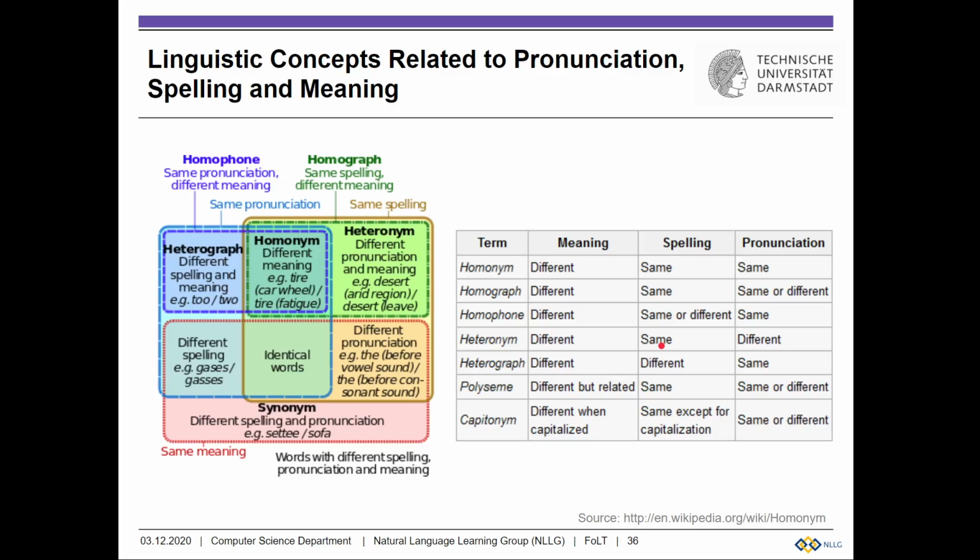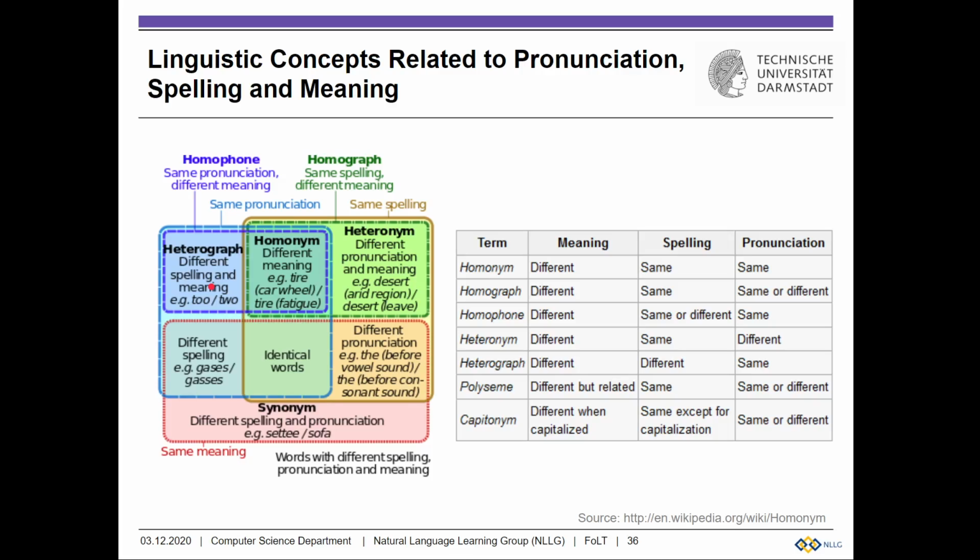So such two words would be called heteronyms, and in our hierarchy before, which is reproduced here in a different visualization, we would be here on the level of a different spelling and a different meaning.